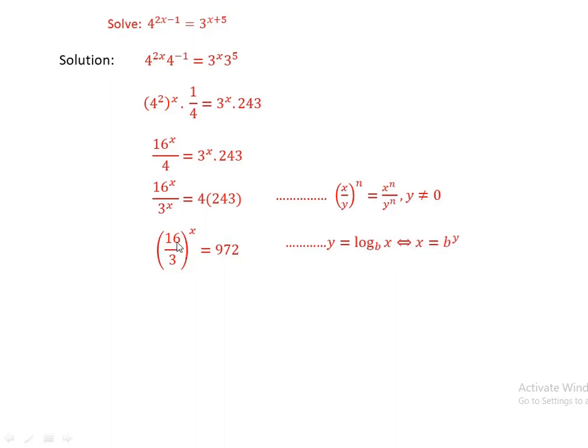So 16 over 3 to the power of x is equal to 972 means x is equal to log of 972 in base 16 over 3. So this is the value of x.